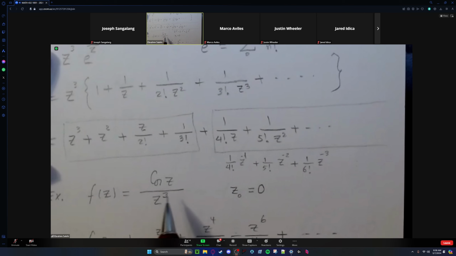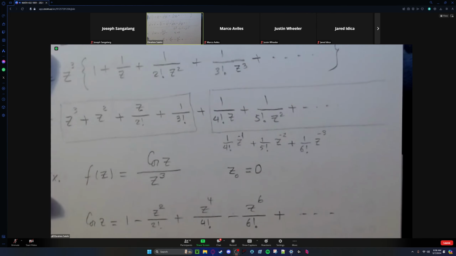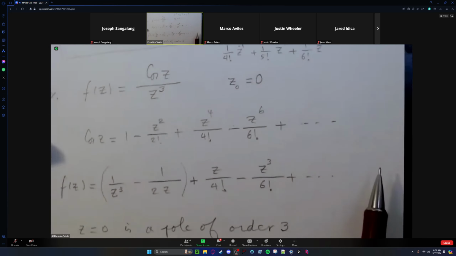So we write cosine z. z equals 0 is a bad point. It's an isolated singularity, so we need an expansion with center at the bad point. Then you multiply by 1 over z cubed. This is what you get.